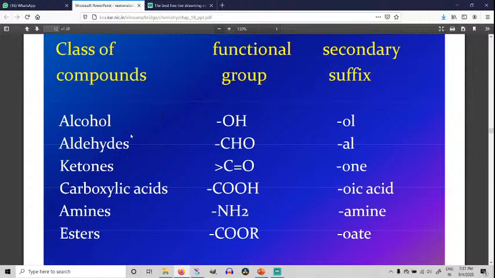And if any functional group like alcohol, aldehyde, ketone, carboxylic acid, amine or ester is present, their name will be there at the end. This will be used as a secondary suffix, and the primary suffix will be in the main parent chain.